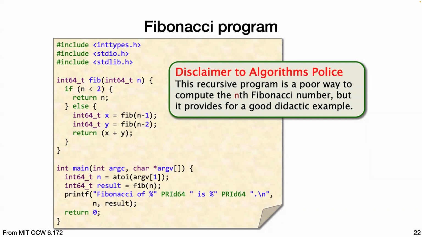And yes, this is not the most efficient way to compute fib. This is an exponential way to compute it, and clearly you can compute it linearly, but it's a good example for how to use the parallel constructs. So we're going to use this recursive function for now. And this is just the test driver. You take in n, and then you call fib of n. That's how the serial code works.